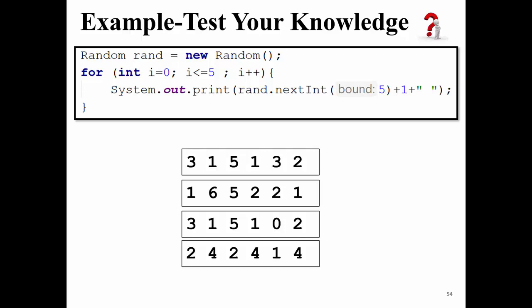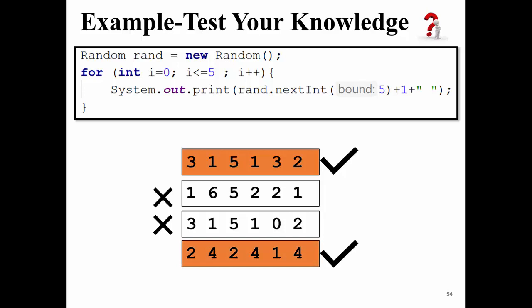So what about the first one? Correct. Second one? The second one and third one are wrong, because we have 6 and we have 0 on the third one. The last one is correct. Okay.